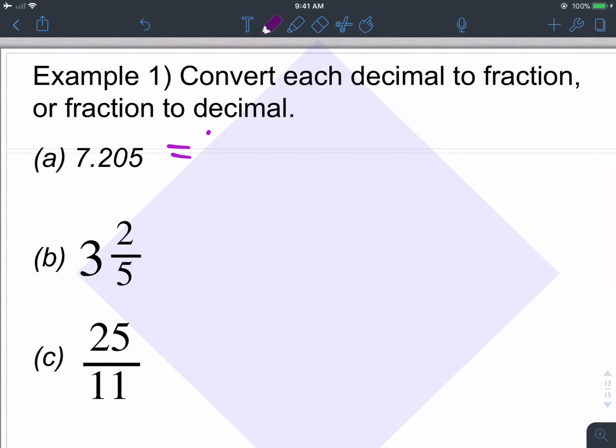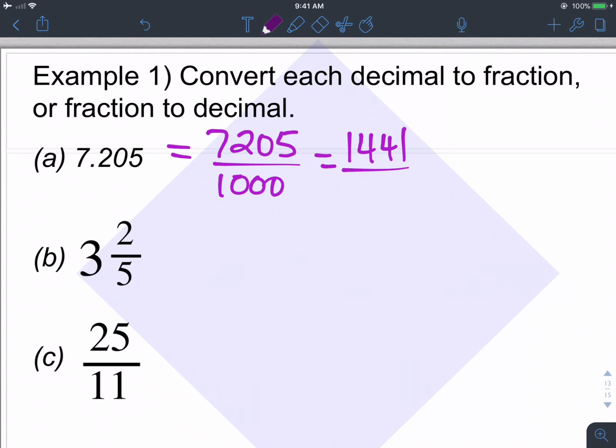So it's going to be 7205 over 1,000. And now you have to reduce that. So 7205 divided by 5. And then you have to do that division.